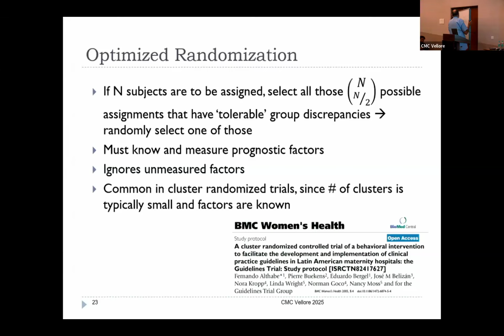These are the clinics. And I can have A, B, C in group A, so group intervention, and D, E, F in group control. How many ways can I do this? I can have 6 factorial over 3 factorial times 3 factorial. So that's 6, 5, 4, 3, 2, 1. That goes, there's 20 ways.